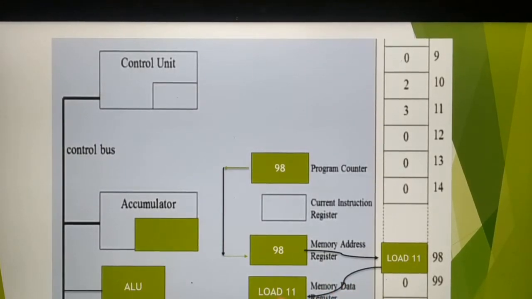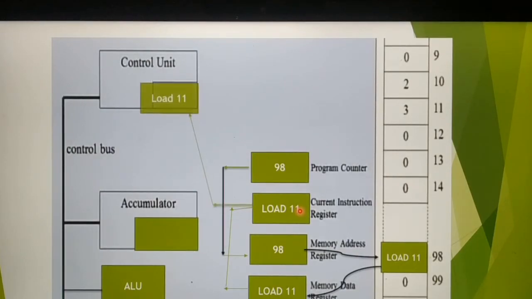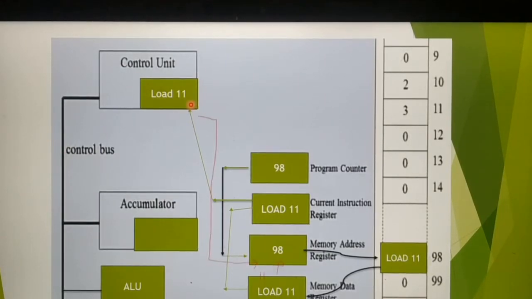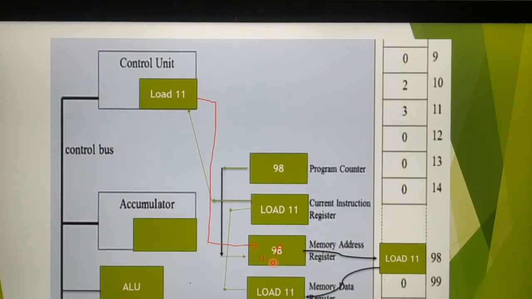Then the memory data register transfers the data to the current instruction register to execute. The current instruction register will transfer the data to the control unit. The control unit sees this load 11. Here it is telling us to load the information from memory location 11. So the control unit transfers the address to the memory address register. So 11 is going to map with memory.